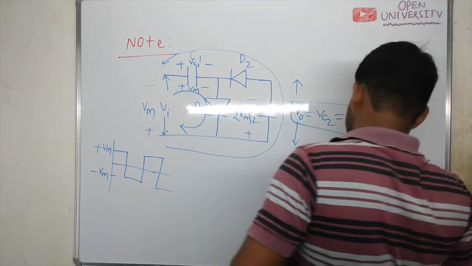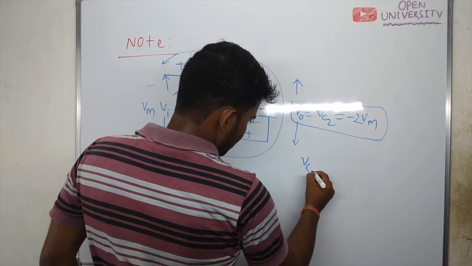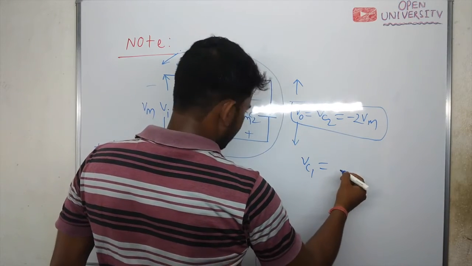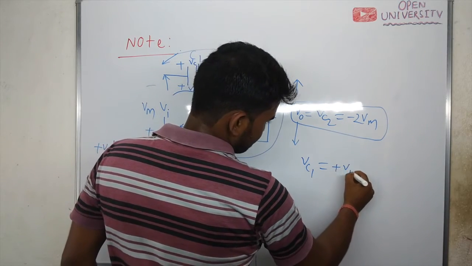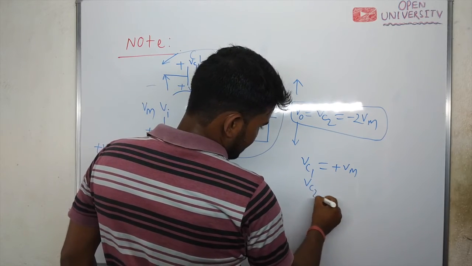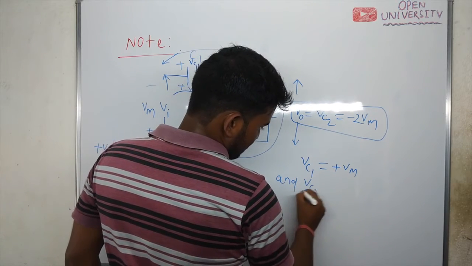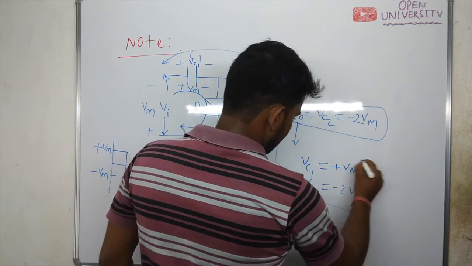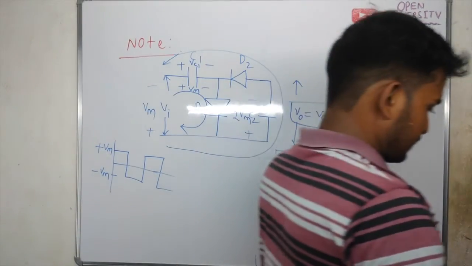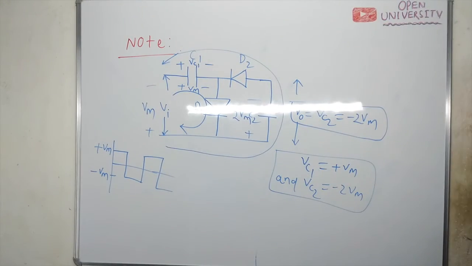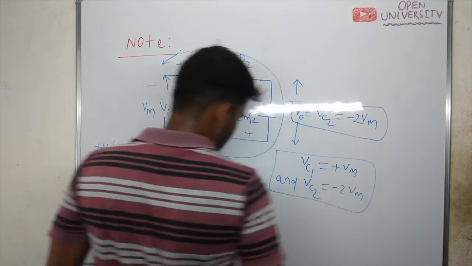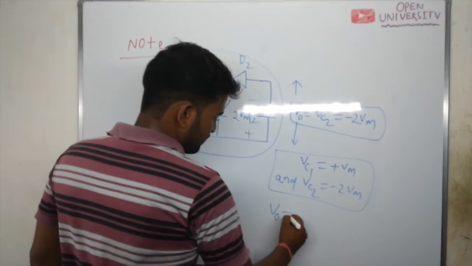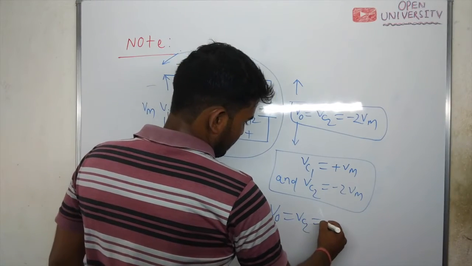So in steady state, in this circuit VC1 is plus Vm and VC2 equals minus 2 Vm, and output voltage equals VC2 equals minus 2 Vm.